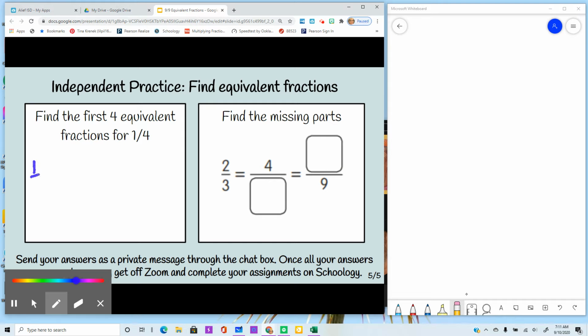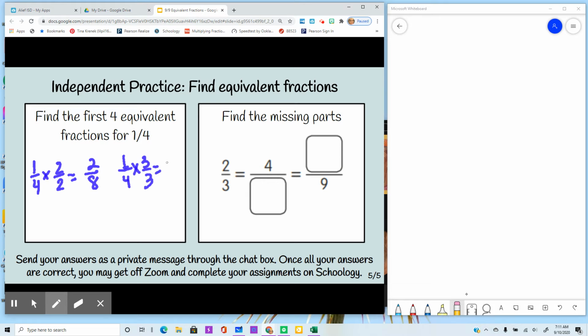So if I list 1/4, we could do times 2 over 2 gives us 2/8. 1/4 times 3 over 3 gives us 3/12.